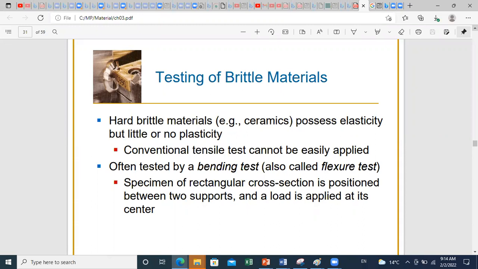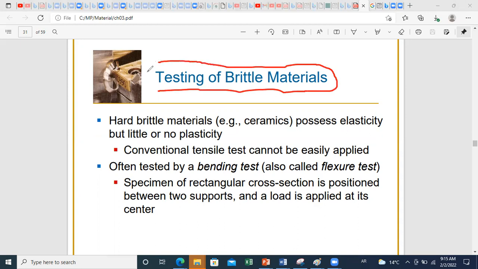So in this case, you cannot extrapolate results of the tensile test to the compression test. Also, the testing of these materials is not very simple. Even when you want to test their behavior in compression, conventional testing is not used. We have other types of tests.